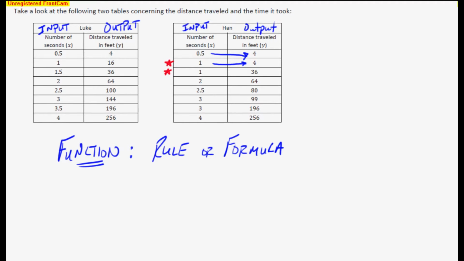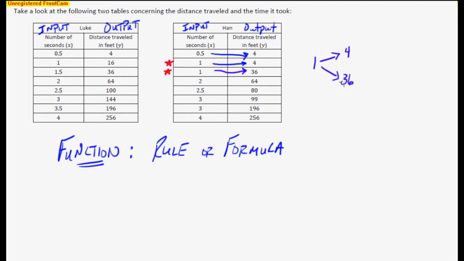This right here, this is what makes it not a function, because you have a 1, which is the same thing as this one, mapping to or yielding a different number. All right, so it's almost like you have 1 mapping to 4, and you also have 1 mapping to 36. All right.